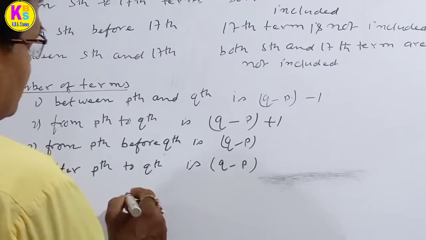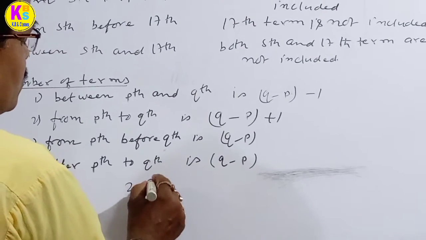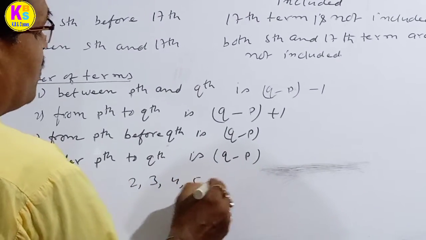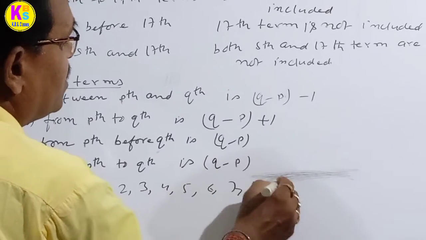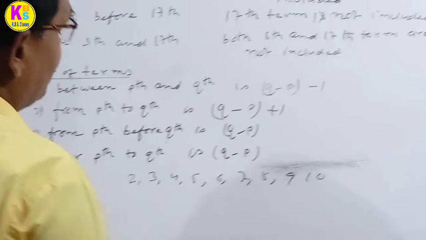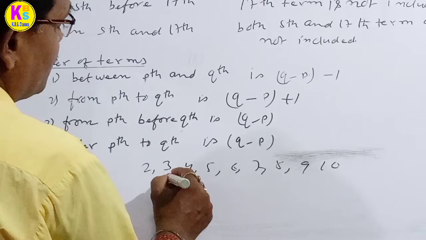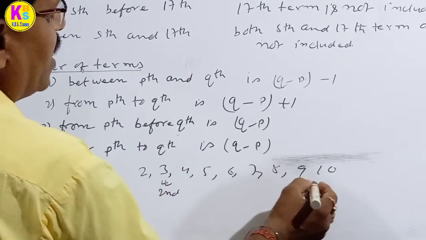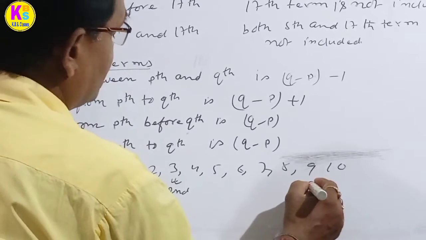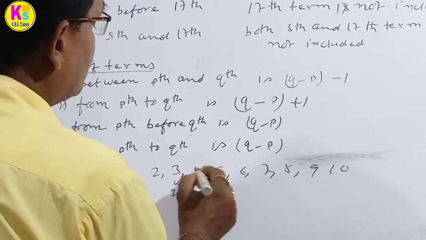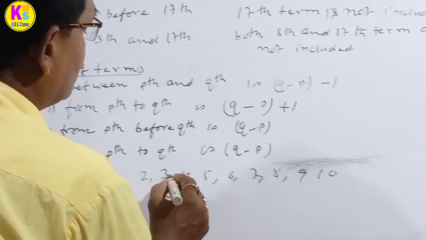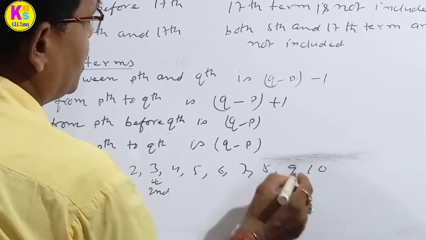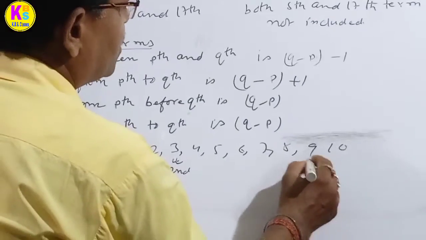You may take an example. Suppose we are taking 2, 3, 4, 5, 6, 7, 8, 9, 10. Starting from here, the second term is the pth term, and suppose the qth term is this one, the 8th term.